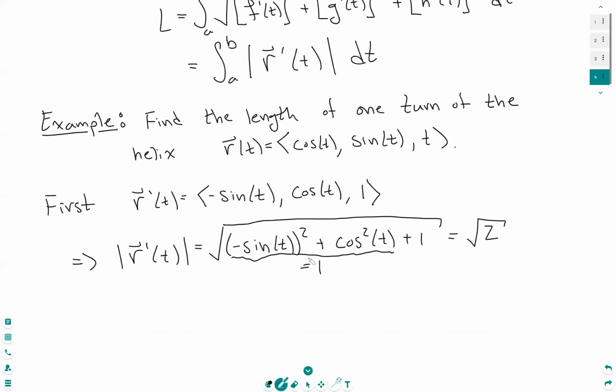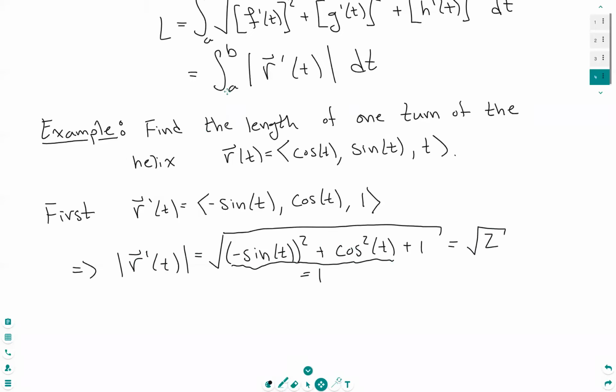And we're going to see a lot of sine squared plus cosine squared, so it's good that we remember that that quantity is always equal to 1. This could have been a function of t, but it turns out for the helix, it's really nice: the magnitude of r prime is simply this constant, root 2. So all that remains is to integrate. But I need to integrate from a to b.